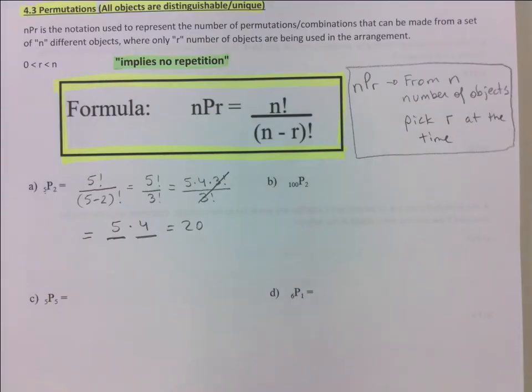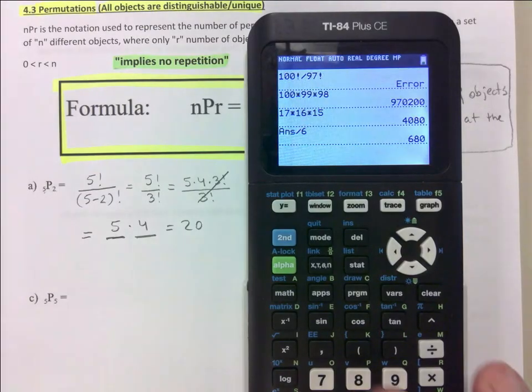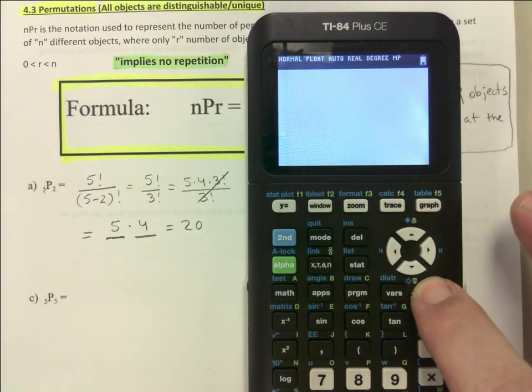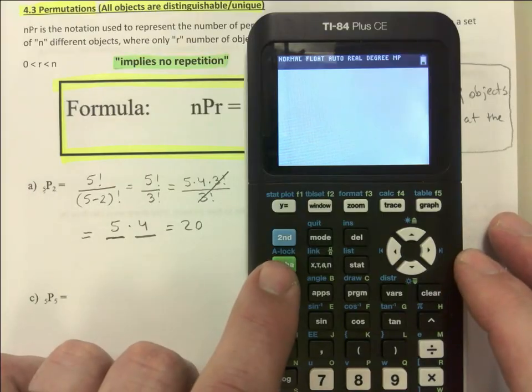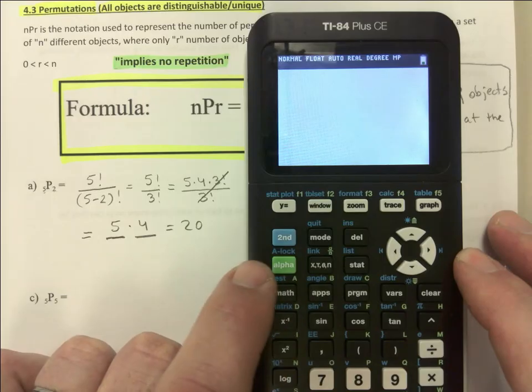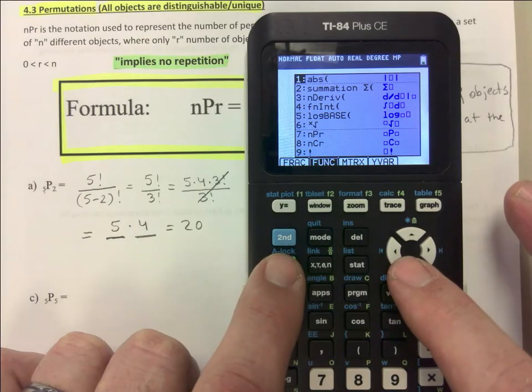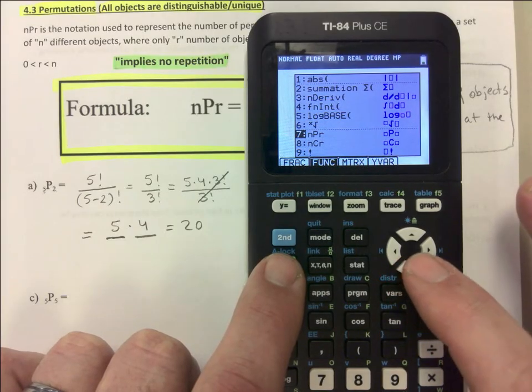I want you to grab your calculators now and use one of the functions we have. We're good? Alpha window. Where's nPr there? You see it? Option 7.